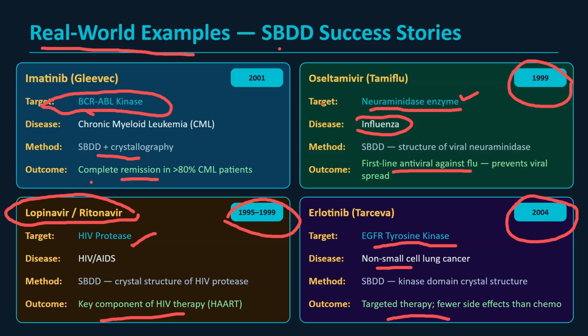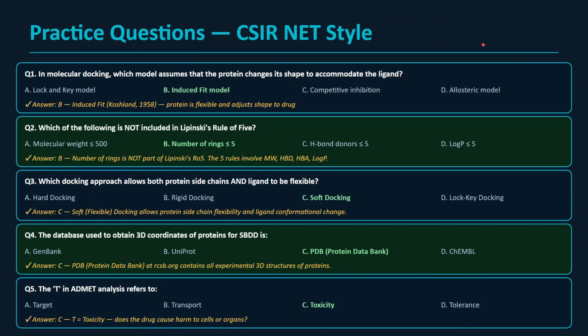So these examples prove that structure based drug design is a real working approach used in medicine today. Next we have some practice questions. In which molecular docking does the protein structure change its shape to accommodate the ligand? We have the induced fit model, which we use in soft docking. Next, what are the Lipinski rule of five?